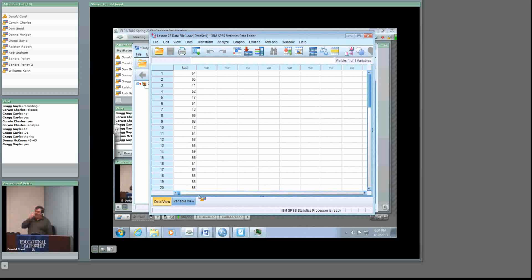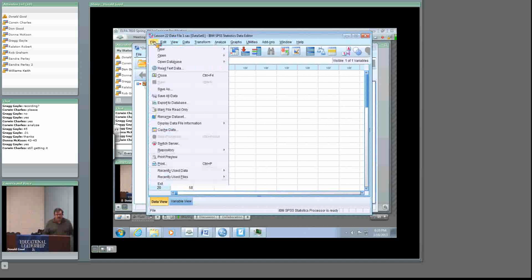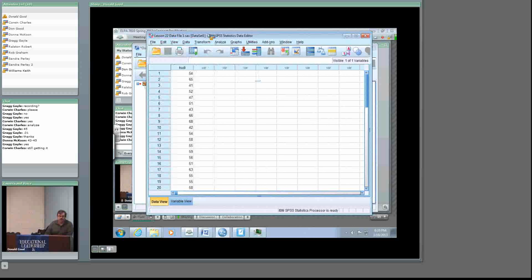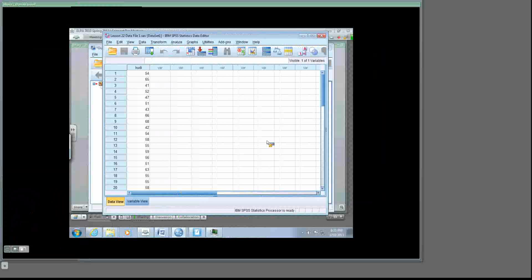Find it at home? You should be able to just click on that data set and it should open up in SPSS automatically. You may have to go to File and then Open. You can close off that last example with the miles per gallon. And give you a couple more minutes to get there.